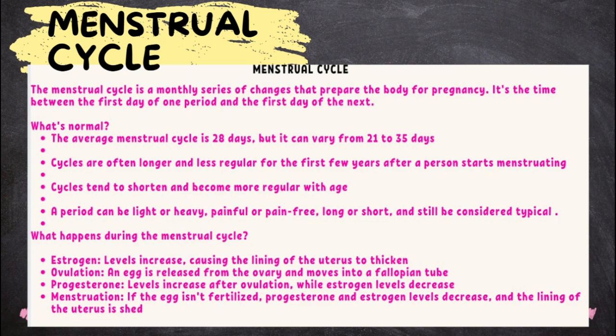Menstruation: if the egg isn't fertilized, both hormone levels are going to decrease and the lining of the uterus is going to be shed. So basically the body itself is preparing to carry a child, and if the egg is not fertilized, all that is going to be passed out as blood.